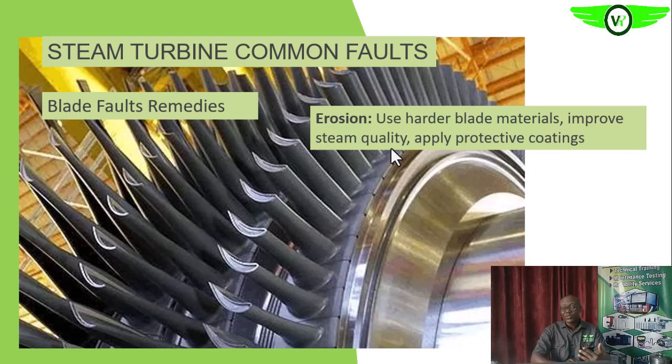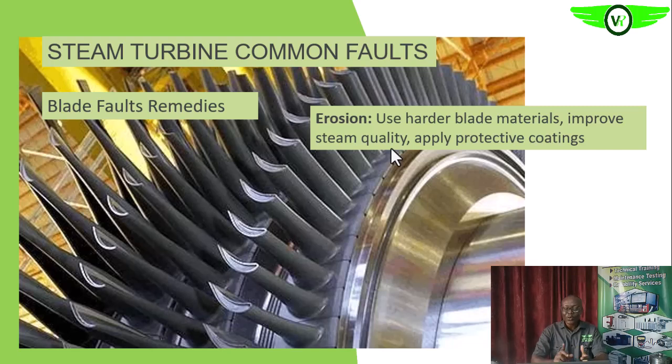Then the soluble salt, which is the problem, the main plant has to be effective enough to remove all the soluble salts within the system, or else those soluble salts will precipitate out of solution, or even get deposited on the turbine blades, thereby reducing the efficiency and causing unnecessary vibration within the turbine.